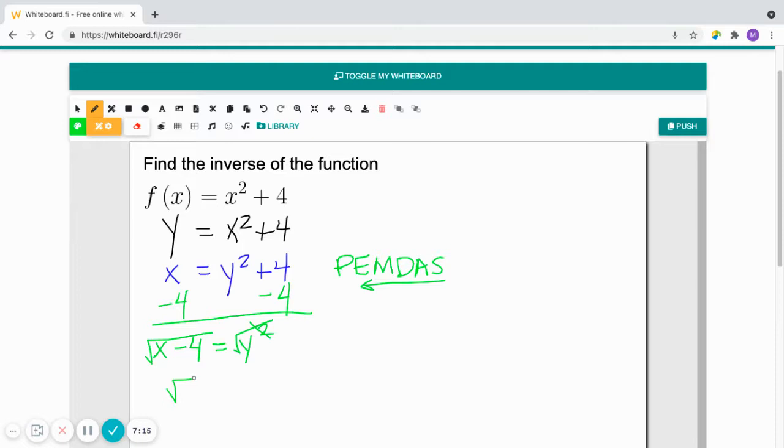So I have square root of x minus 4 equals y. Now I've solved for y. And if I want to just flip these so that I have what y equals, I would have y equals the square root of x minus 4.